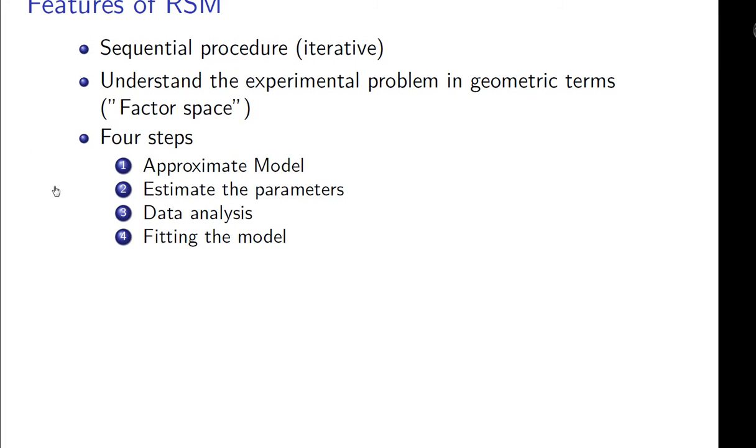As I alluded to on a previous slide, thinking about experimental design in a geometric sense will help you understand not just central composite designs, but also response surface methods. Right? So we are clearly here thinking about things geometrically.